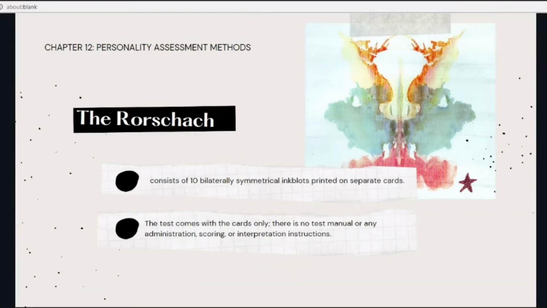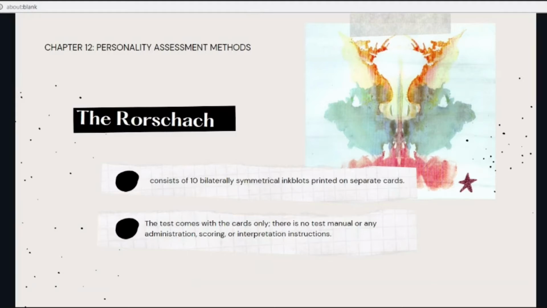The test comes with only cards, with no manuals or administration, scoring, or even interpretation instructions. Unlike other tests, where you receive the test itself along with the administration, scoring, and interpretation instructions, if you order the Rorschach ink blot test, you will only receive 10 cards in a cardboard box.